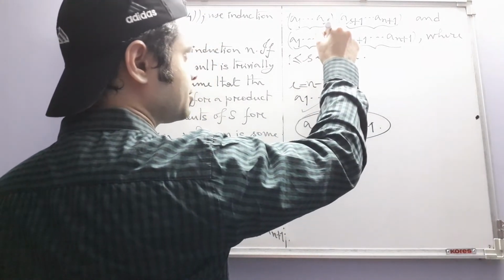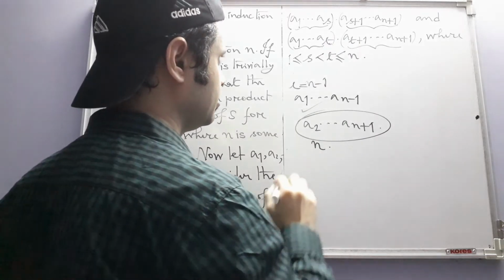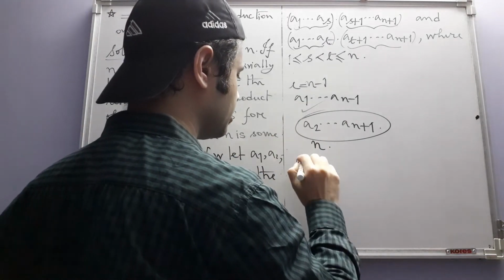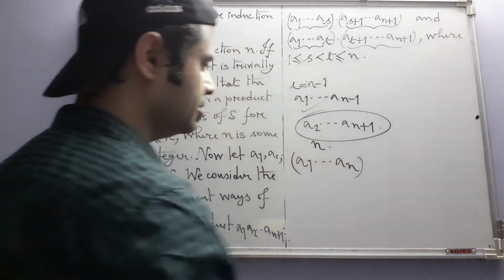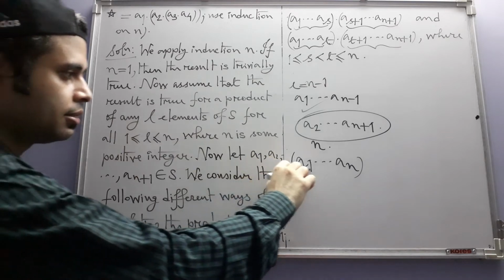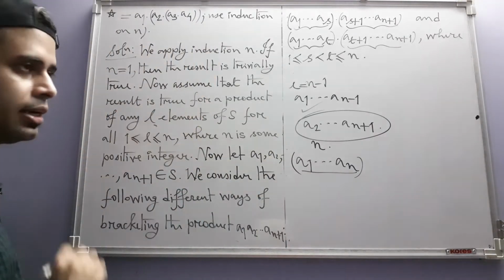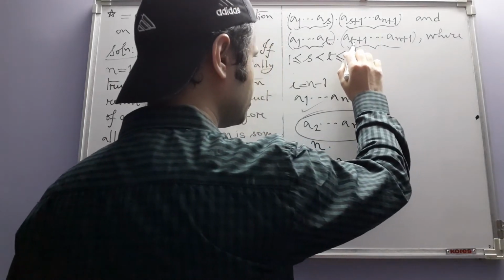What is the largest value of T? The largest value of T is n. So here in the first product, the largest it can ever get is this, still within this range. Okay, so it is taken care of by our induction hypothesis. It is well defined. What is the smallest value of T?